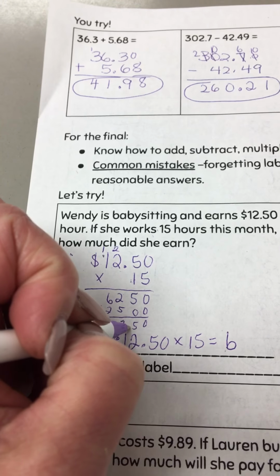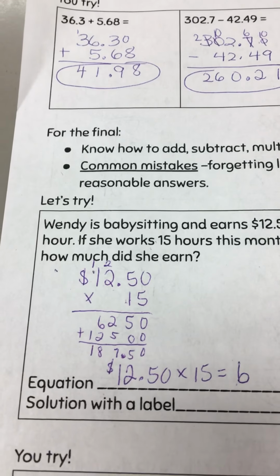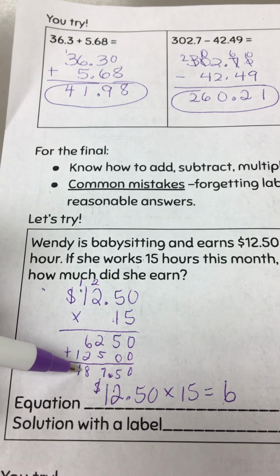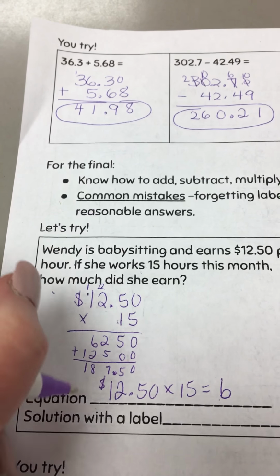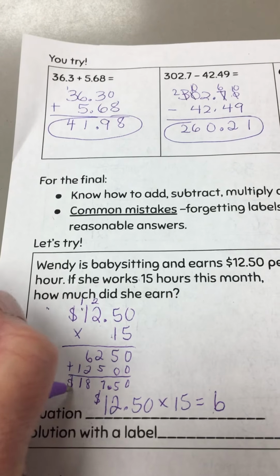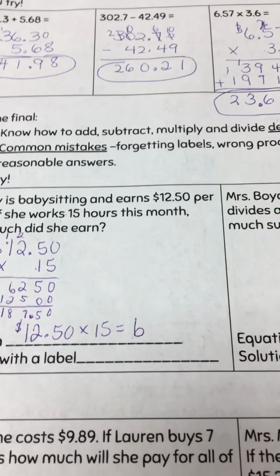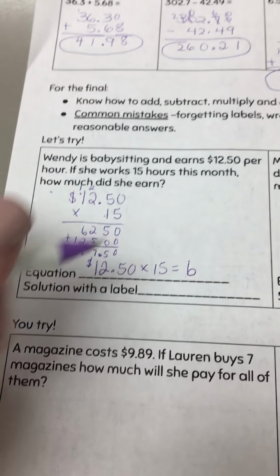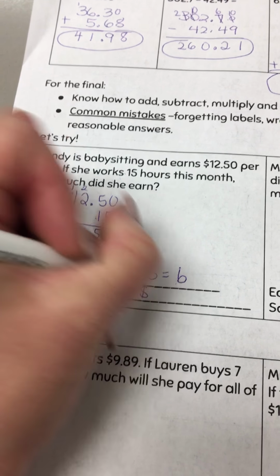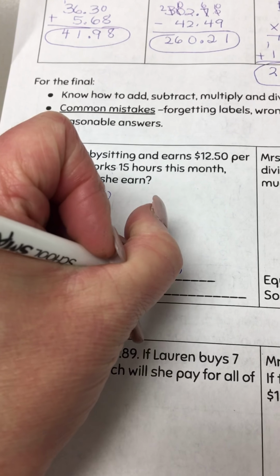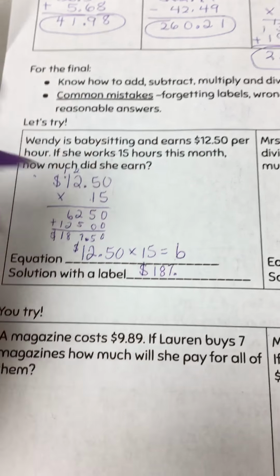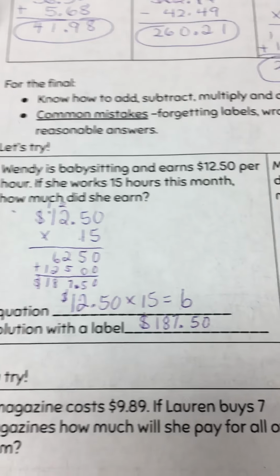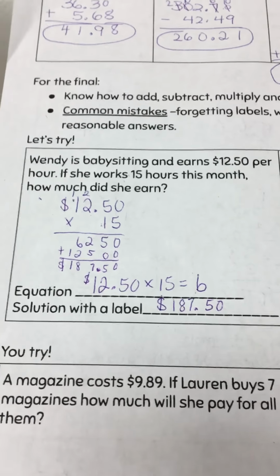So for here, I'm going to put my decimal here because that makes sense to me, that she would be paid more than $100, but that I have to have 2 places to the right. So when I write my solution with a label, I don't have to write any words because my label is actually my unit of money. So I'm going to go ahead and write my answer of $187.50. So that's how much she would make if she babysat for 15 hours.